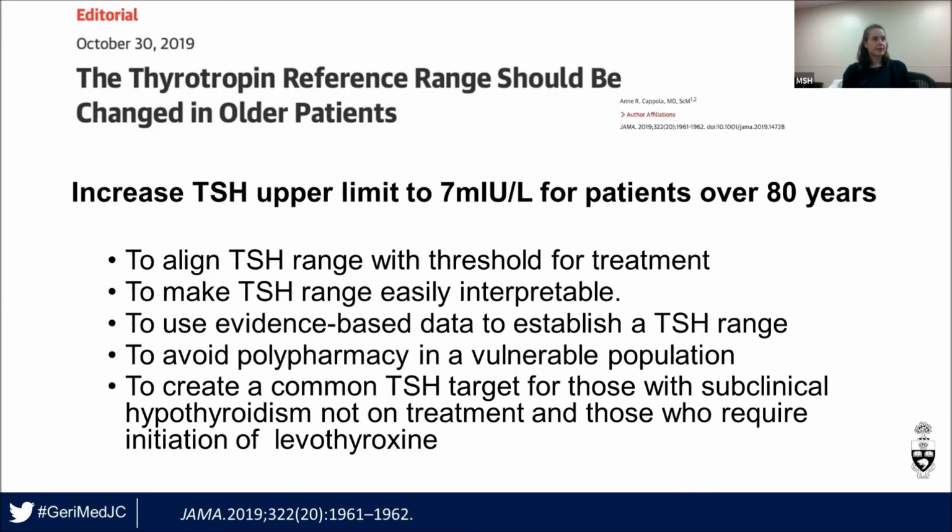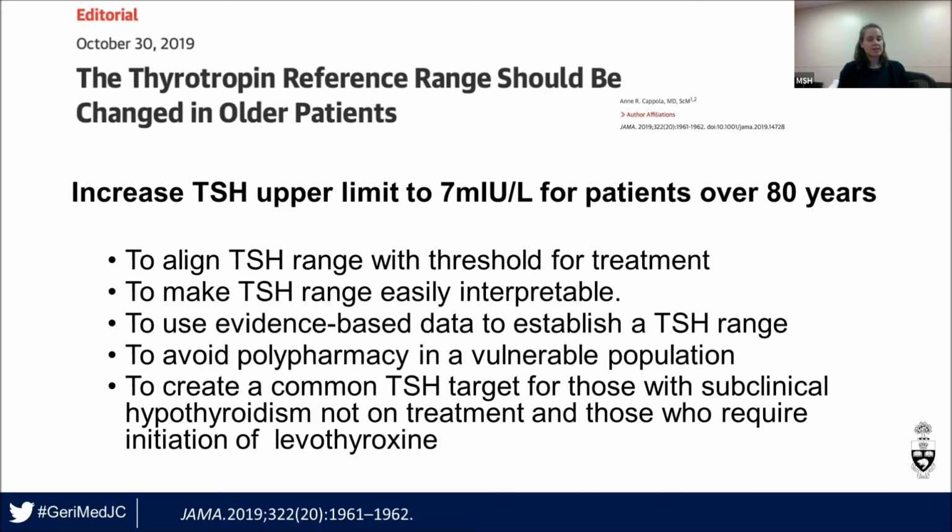So when I was coming up with my own opinion of what does this all mean and how can we apply this to my clinical practice, this was an editorial that I really liked, and it was a persuasive one for me. And this was an editorial that suggests that we should increase the TSH upper limit to 7 for patients over 80.